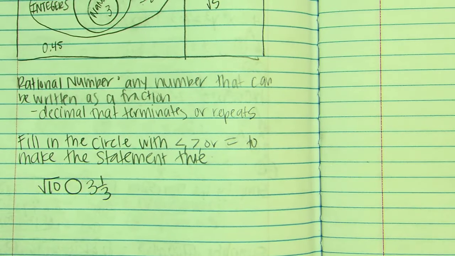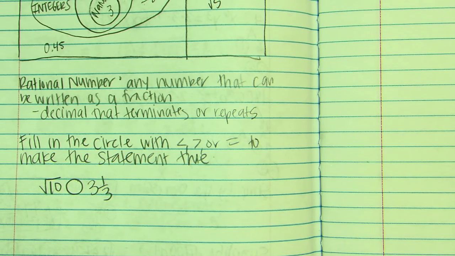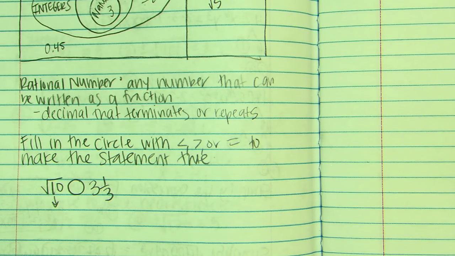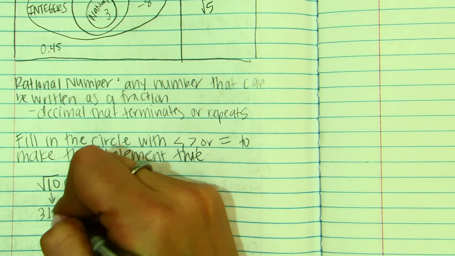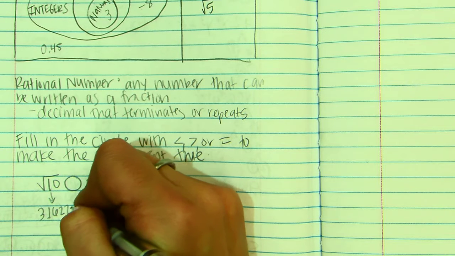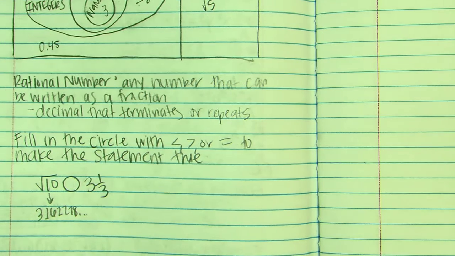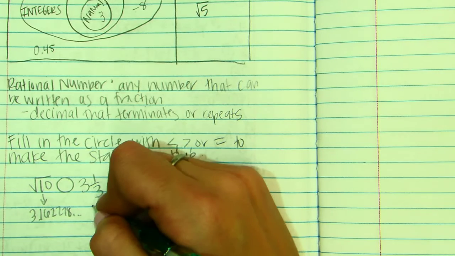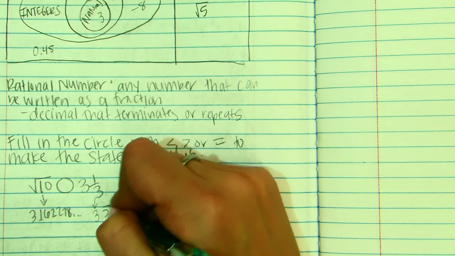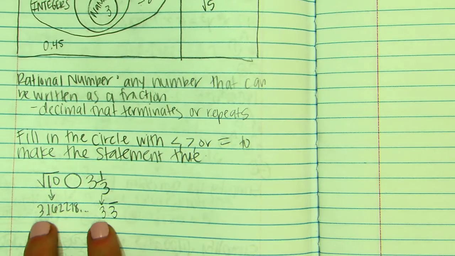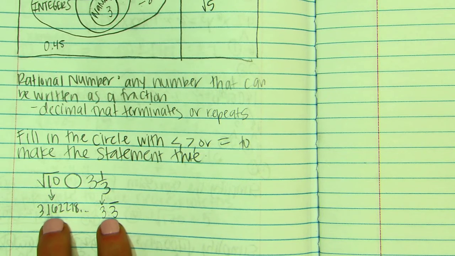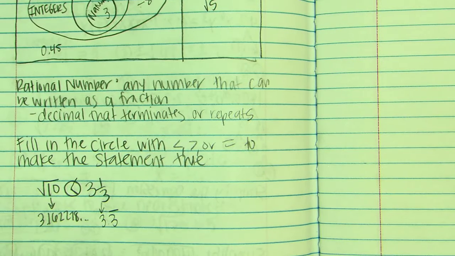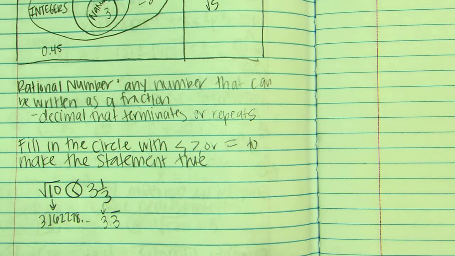And the easiest way to compare real numbers, I think, is to turn them all into decimals. So the square root of 10 as a decimal, I'll type that into my calculator, is 3.162278, and it keeps going. 3 1/3 as a decimal, I know how to turn fractions into decimals. It's going to be 3.3 repeating. They have the same value in the ones place, but if I look in the tenths place, this one's greater, so I'm going to put the alligator eating the 3 1/3 because this one is greater.